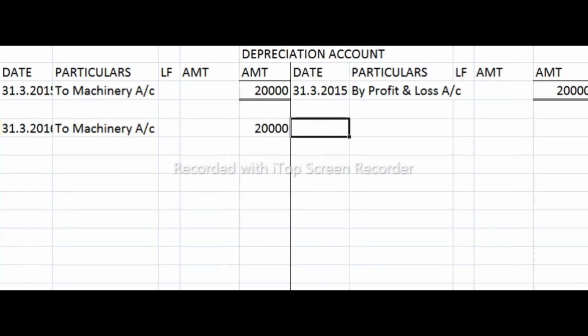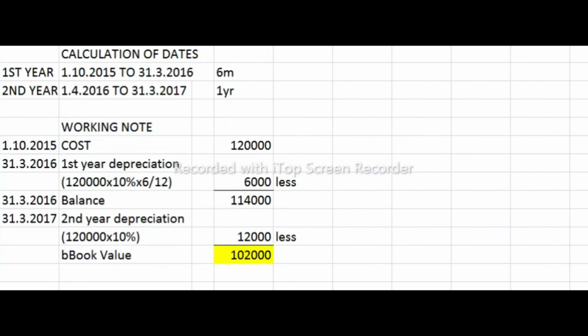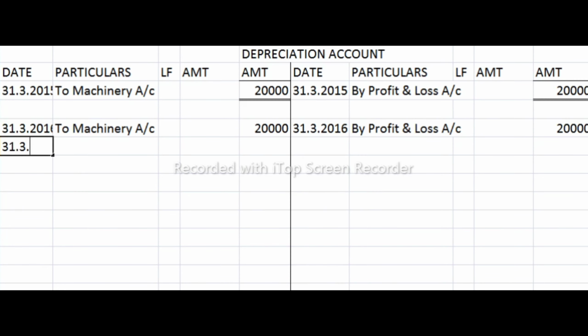Therefore, in the working note, the second year depreciation of the first machinery amount is to be taken, and the date also to be taken and recorded on both the sides of the depreciation account. 31/3/2016 depreciation for the first machinery on both the sides, the amount is going to be again 20,000, and the second machinery 31/3/2016 again, but the amount of depreciation is only 6,000.